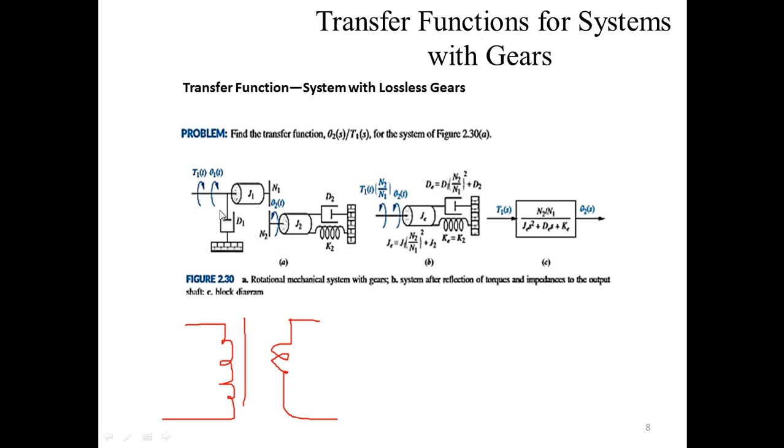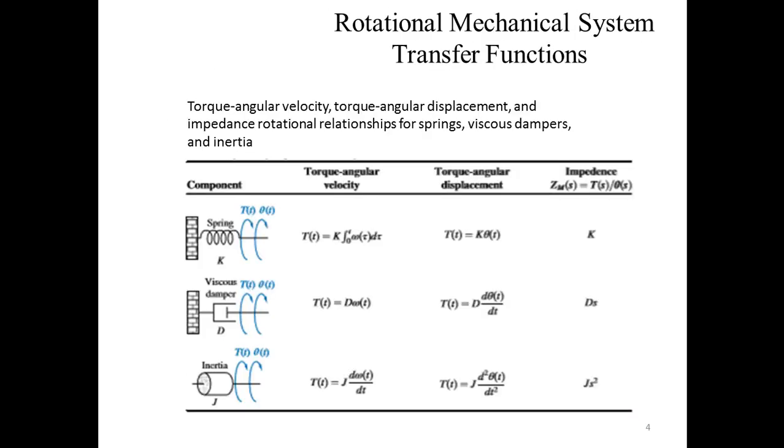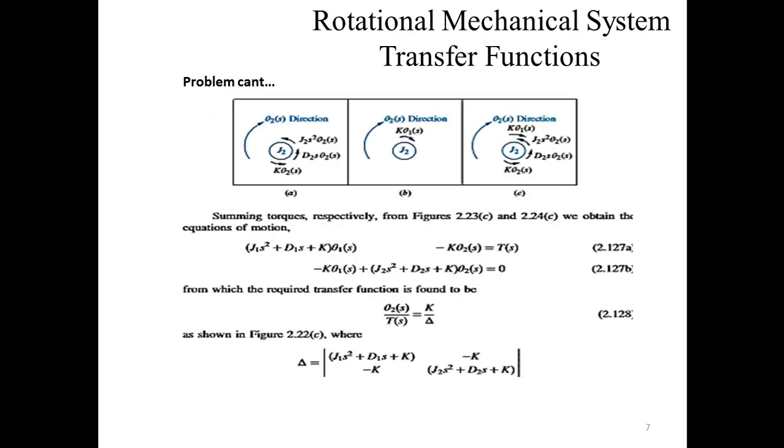This is your example. You can see that there are two inertias connected with a gear N1 and a gear N2. In electrical systems we talk about the turn ratio, and in mechanical systems we talk about the gear ratio. This is N1 and this is N2; these are the teeth of the gears. From that you can find the gear ratio between J1 and J2, that is, the angular displacement of J1 and J2.